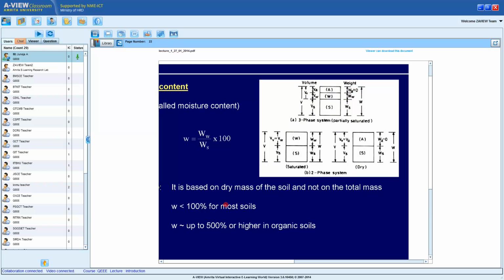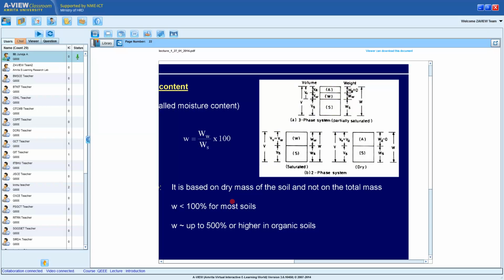Usually the water content is less than 100% for many soils. Take silts and sands to some extent. The sands may have a water content in situ of maybe 10-12%, a maximum of 17%.